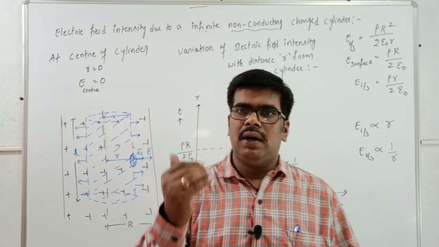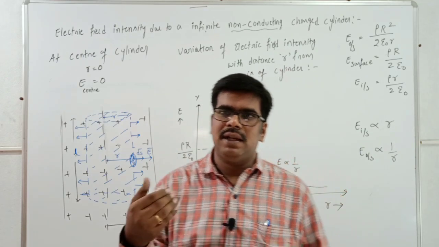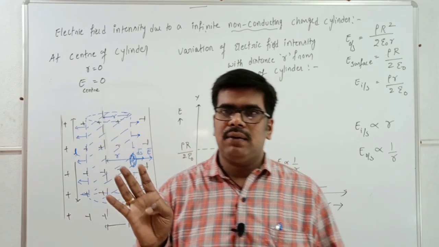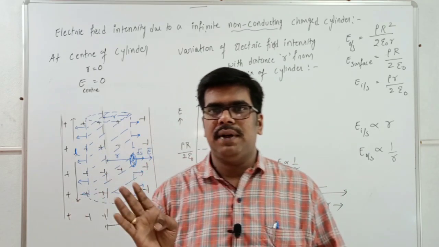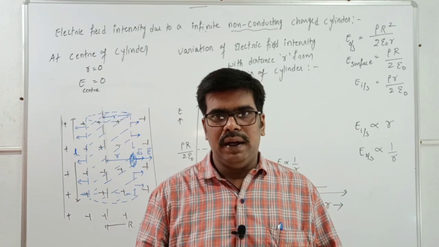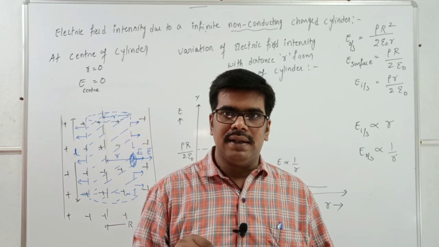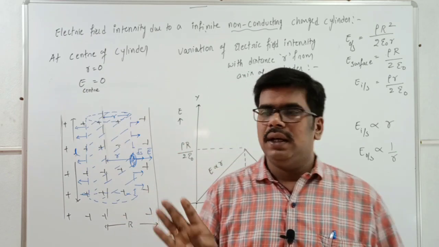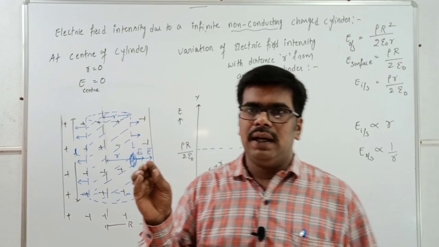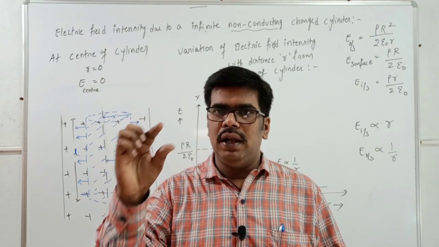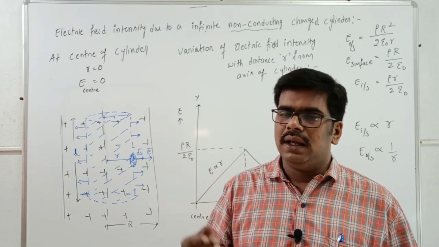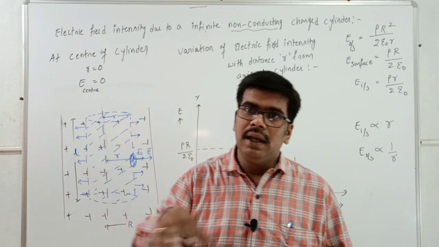Based on that, we have to follow the 3 steps. One, you have to construct an imaginary Gaussian surface where you want to find the electric field intensity, with that distance as the radius. That is the first thing you have to do. Next, you imagine a small area where you want to find the electric field intensity, and then apply Gauss law.